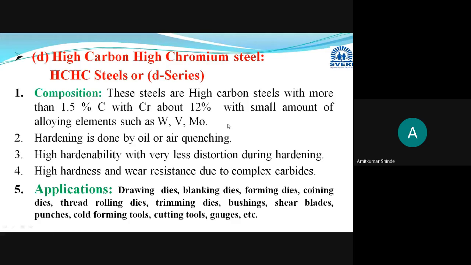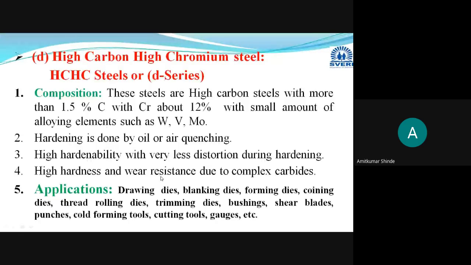Now, regarding its properties: it has high hardness and high wear resistance.